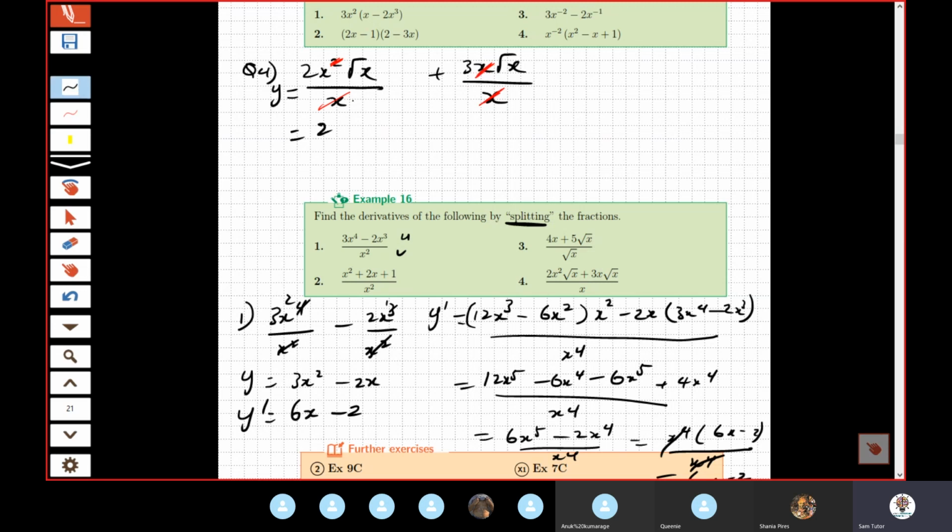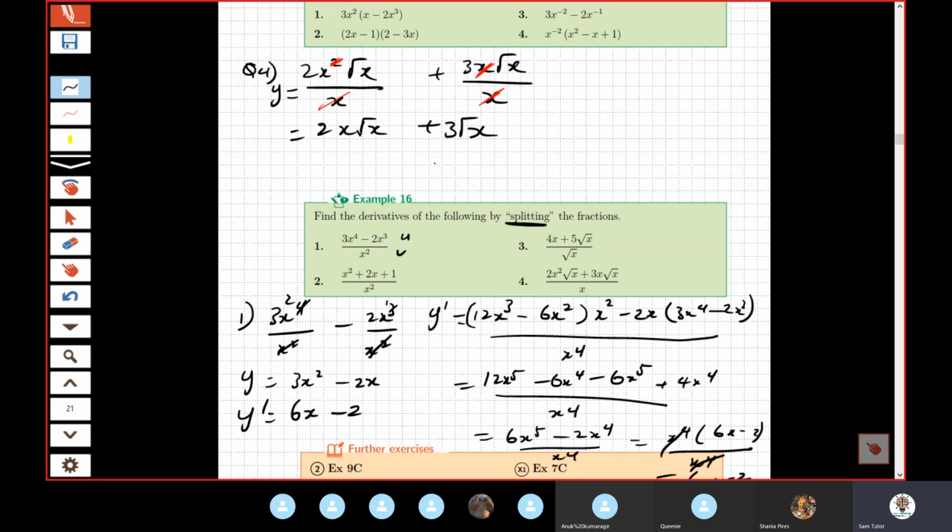I'm left with 2x root x plus 3 root x. Yeah, I think this will be 2x root x plus 3 root x.